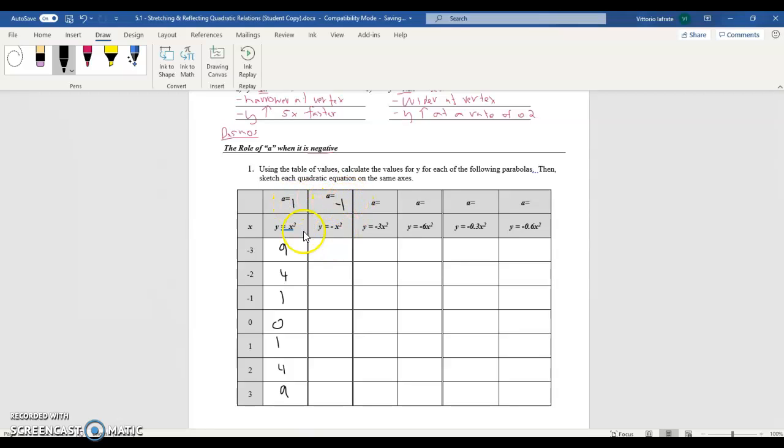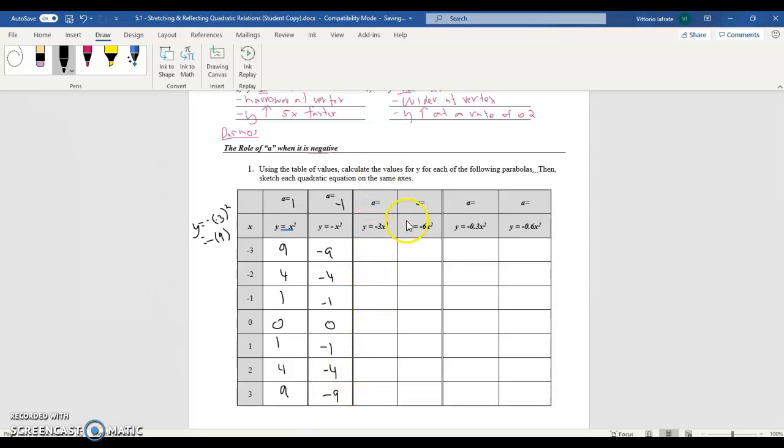So when our a is negative 1, let's say x is negative 3, we have negative brackets negative 3 squared, which is going to be negative 3 squared is 9, so positive 9 there, but negative times positive 9 is negative 9, so negative 9 over here. And as you can see, we're just doing the negative of what our initial y is equal to x squared was. So here we'll have negative 4, here we'll have negative 1, here we'll have 0, then here we'll have negative 1, negative 4, and negative 9.